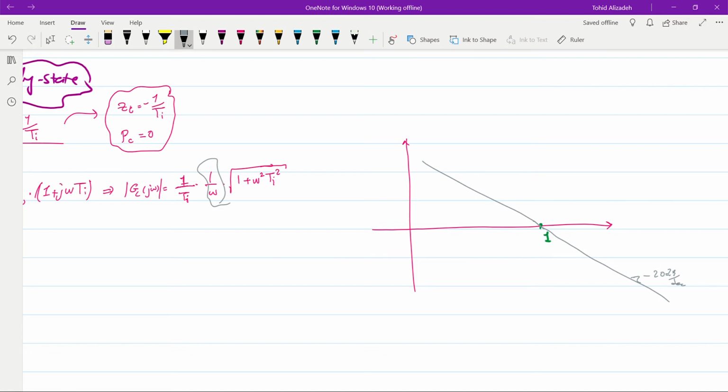For the third component, which is the zero, amplitude is equal to the square root of 1 plus omega squared Ti squared. At very low frequencies, we will have 0 dB or 1. At omega equal to 1 over Ti, we will have the corner frequency, and after that frequency, we will have plus 20 dB per decade as the slope.